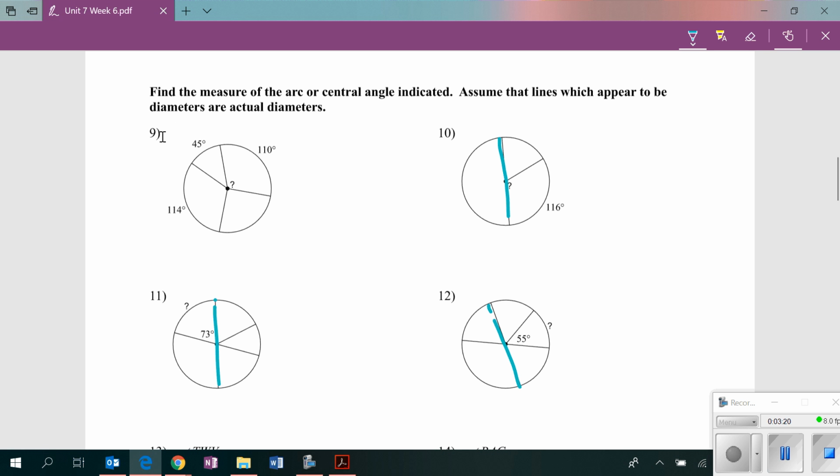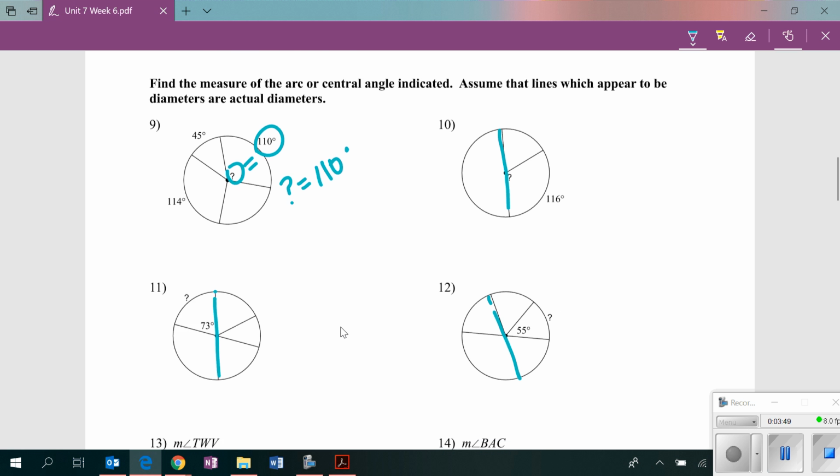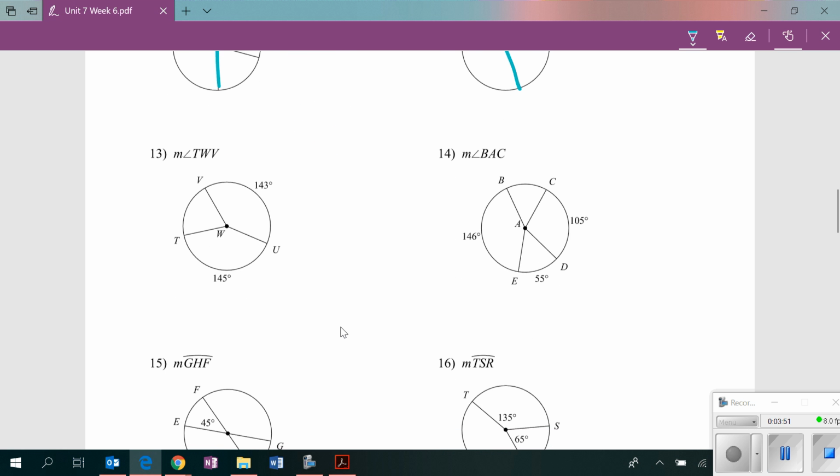So number 9, we're just talking about the fact that here's a central angle, here's the arc angle, and central angles and the arc angles are equal to each other. So that question mark there is 110 degrees. Okay. 3 more problems for you to practice and look at that. Remembering that this is going to be equal to this is going to be equal to this. It's very straightforward. Okay.